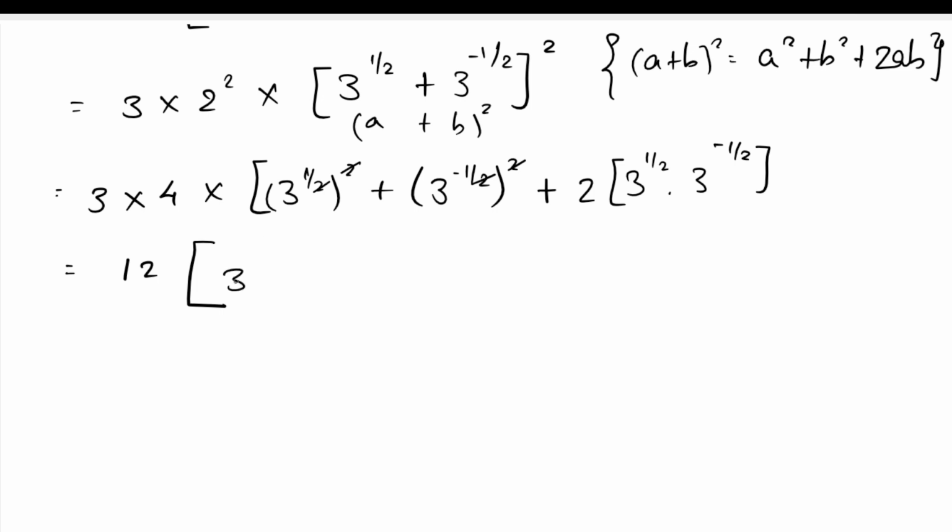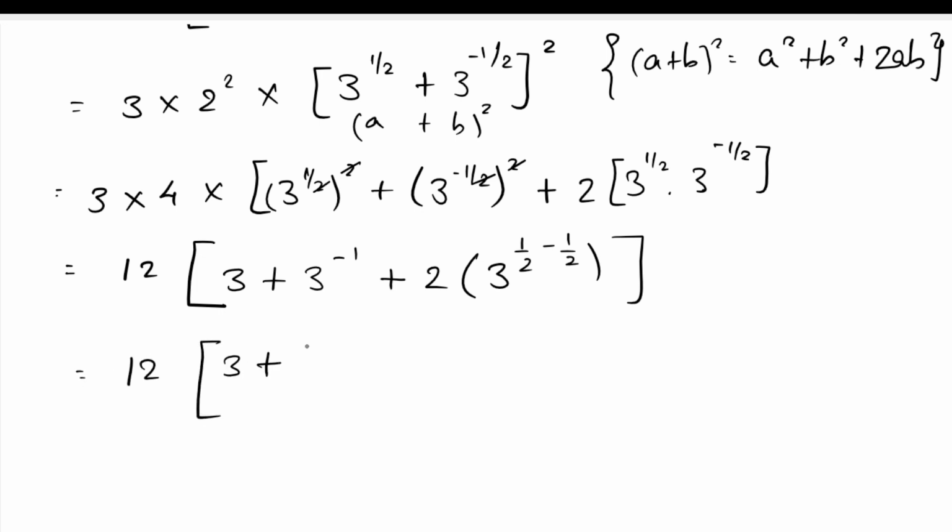So we are left with 3 plus 3 to the power minus 1 plus 2 into, here the bases are same, so the powers can be added: 3 to the power 1 by 2 minus 1 by 2. So this can be written as 12 into 3 plus, since there's a minus in the power, it will get reciprocated.